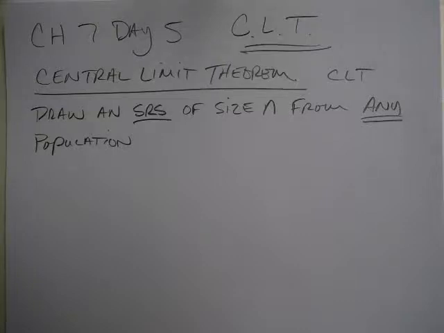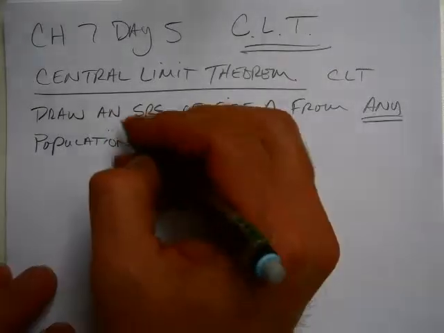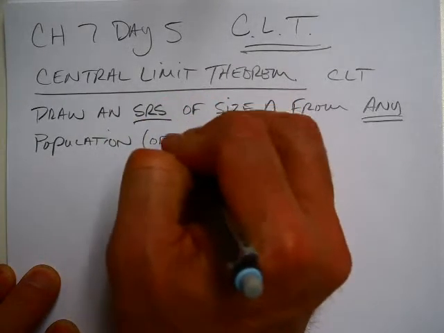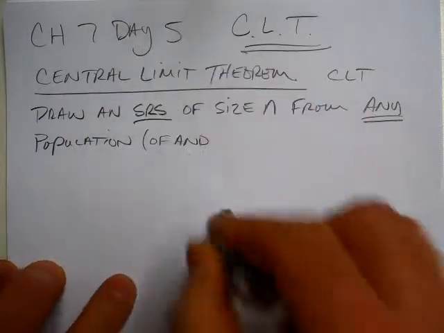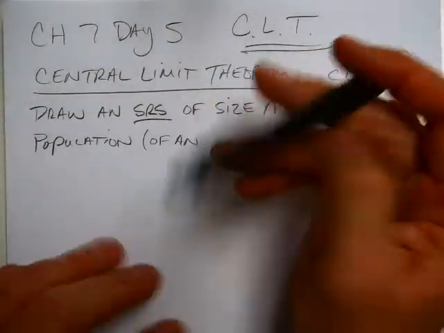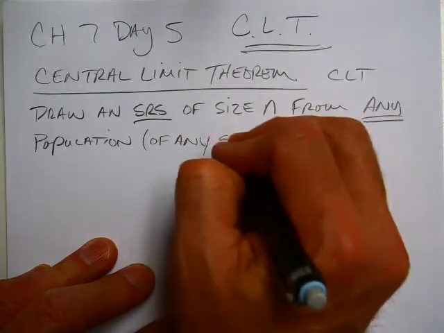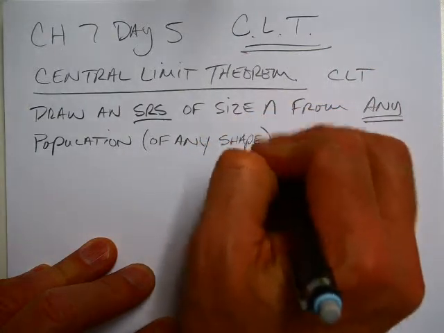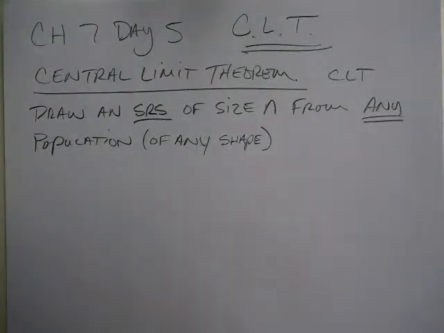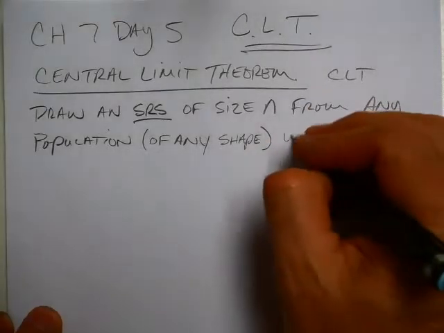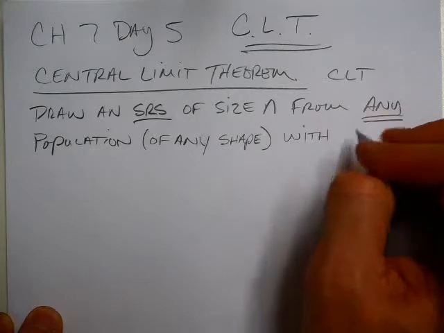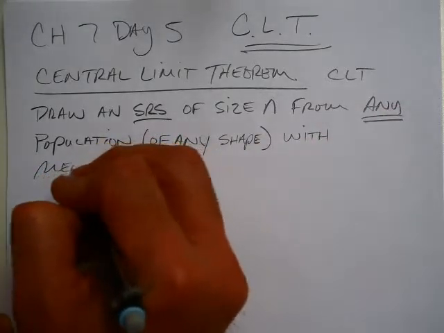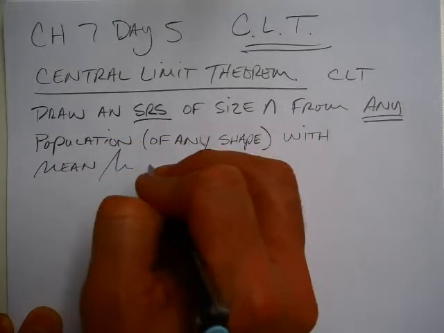Population, what they're getting at with that is that it doesn't matter what the shape is. So of any shape, I'm going to add that to this, with mean of mu and finite standard deviation sigma.